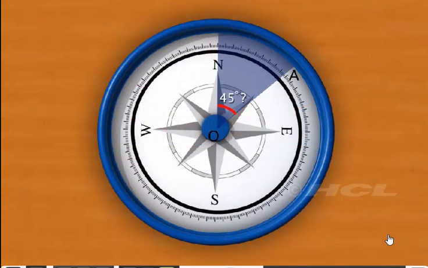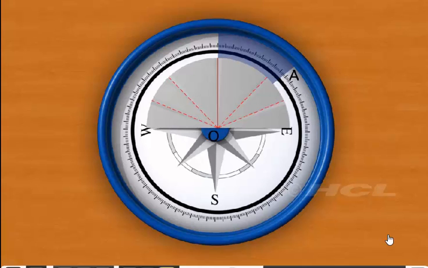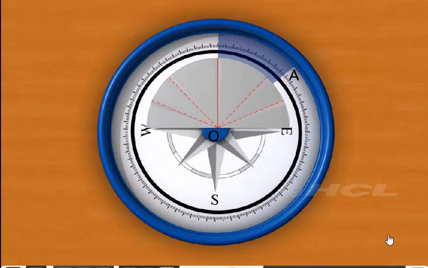Now, let's measure the angle where we moved approximately halfway between north and east on the compass. Place your protractor so that the midpoint of the protractor lies on the vertex O of your angle NOA.